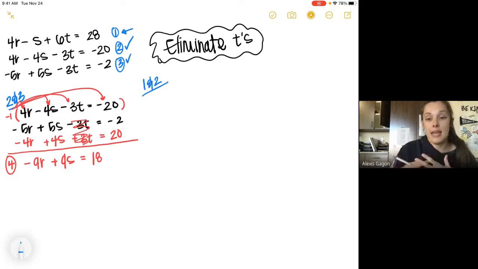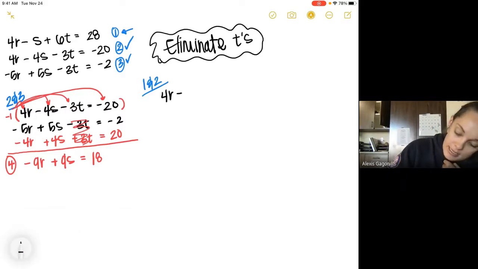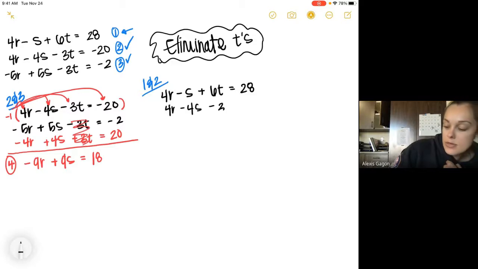And we have to do the same thing. We have to eliminate the t's in these equations right here. So we have 4r minus s plus 6t equals 28, and 4r minus 4s minus 3t equals -20.